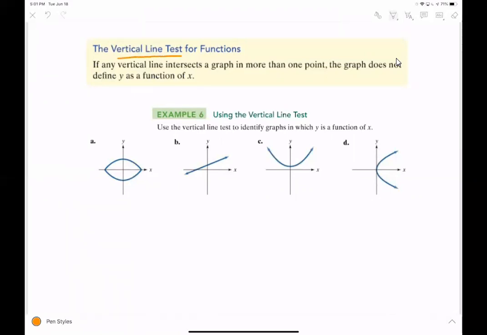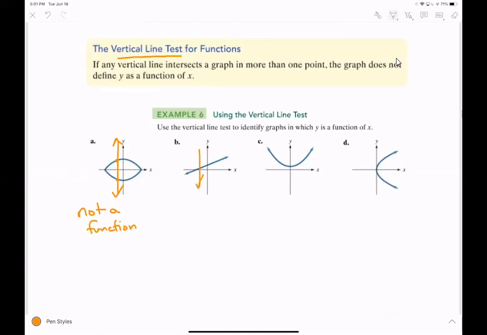So if we draw a vertical line, if a vertical line intersects a graph in more than one point, then the graph does not define y as a function of x. Basically, that just means that it is not a function. So what I'm going to do, I'm just going to draw a vertical line. Notice that my vertical line hits this graph in 2 places, so this is not a function.